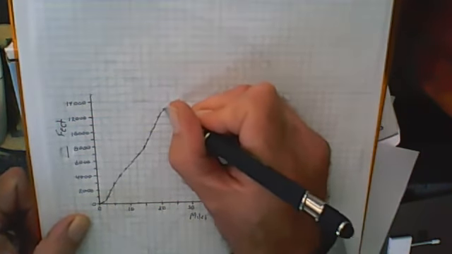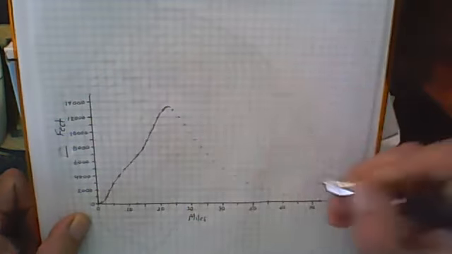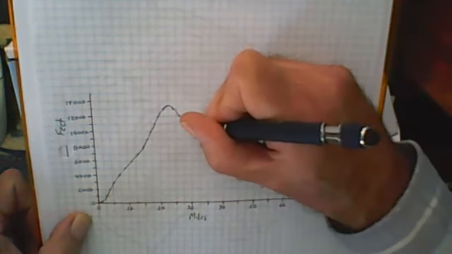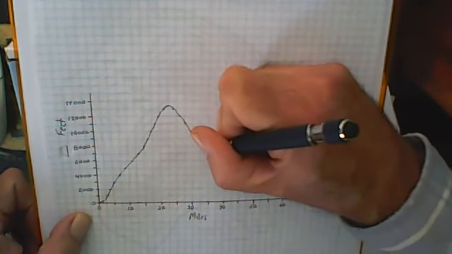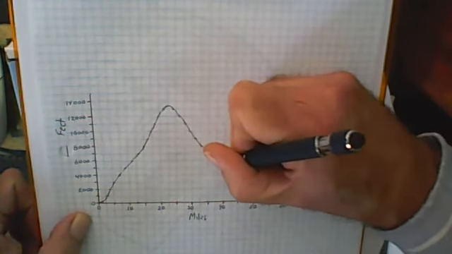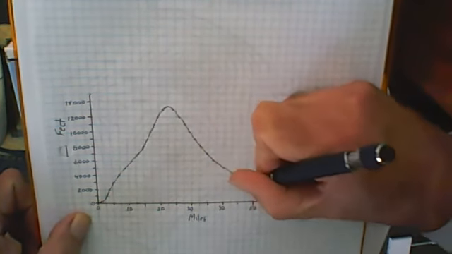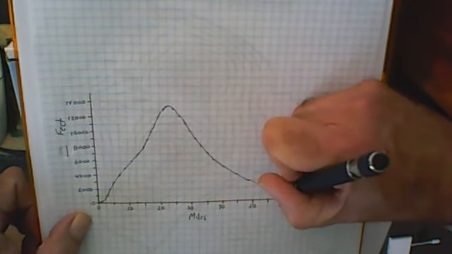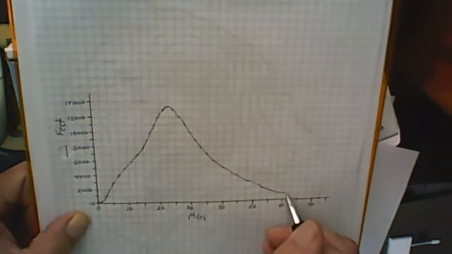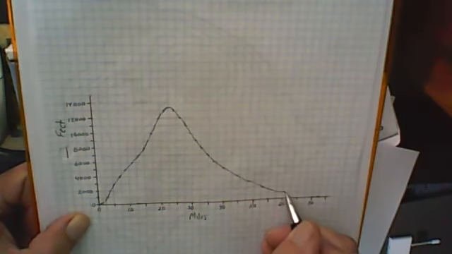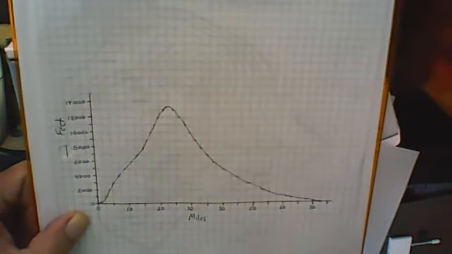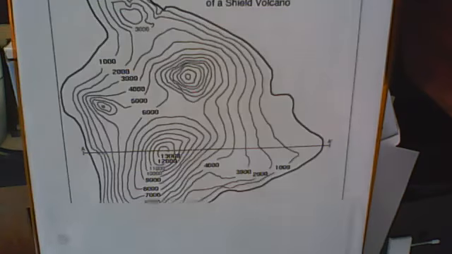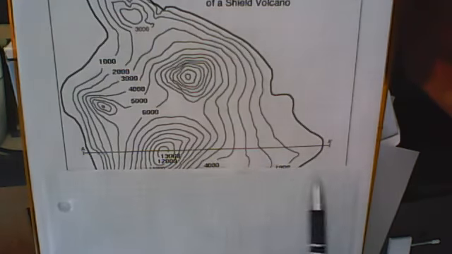So the line goes a little bit above that, and then comes back down again the other side. So there is our topographic profile going across this island.